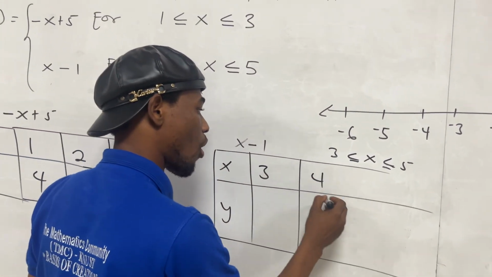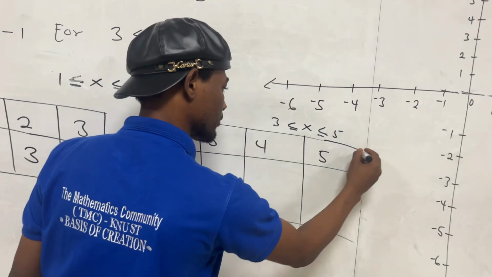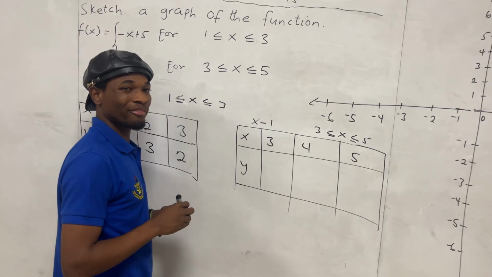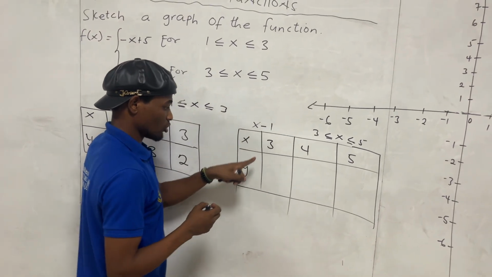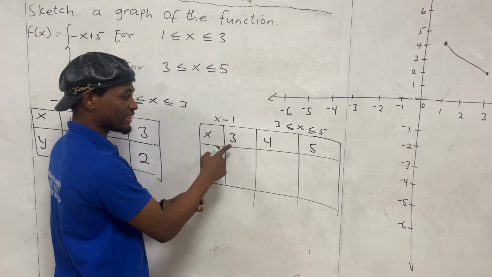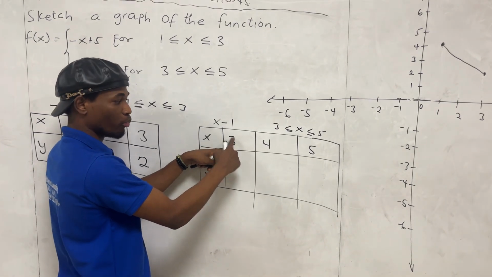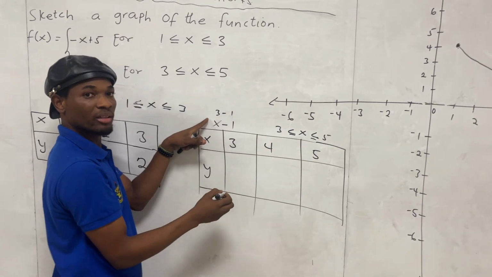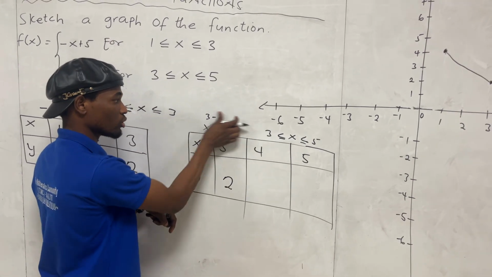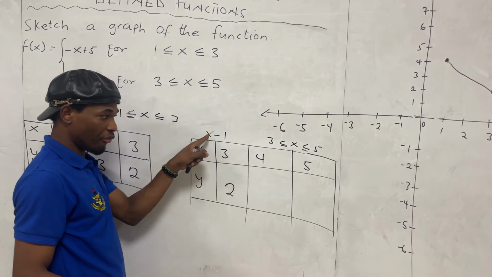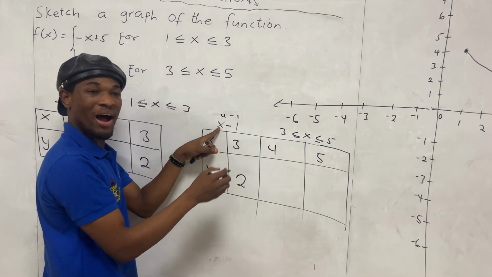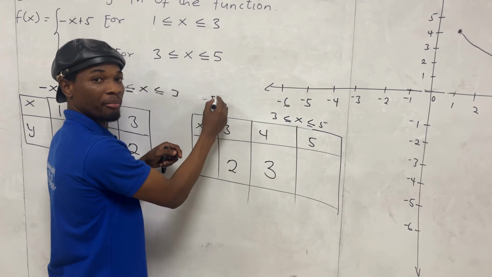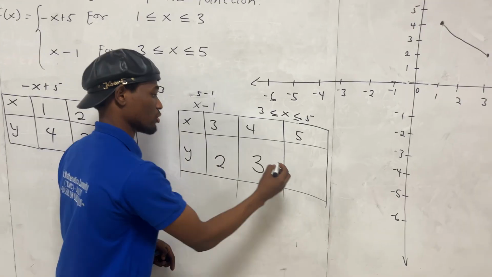So I have 3, 4, then 5. So what will be the corresponding values? Wherever I see x over here, I'll put the values of x inside the function. So I have 3 here, so 3 minus 1, what do I have? I have 2. Then 4 minus 1, what do I have? 3. Then 5 minus 1, what do I have? 4.